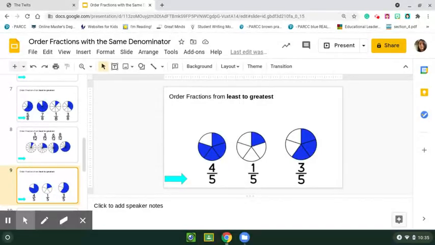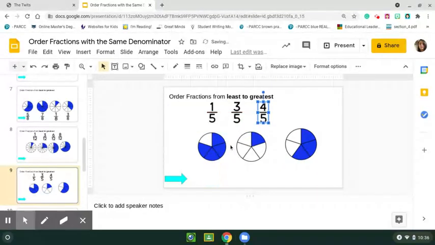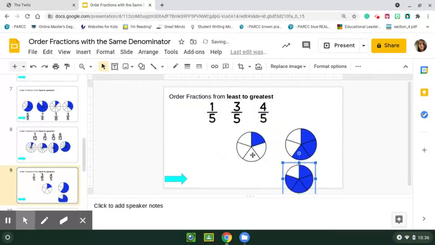Again, they want us to do least to greatest. The first thing I do is scan the denominators. Oh, great, they're all in fifths. So all I have to do is look at the top number. Go ahead, jot down the fractions that you think would go smallest, medium, and then biggest. I'll do the same, and then we can check your answers and see if they came out like mine.